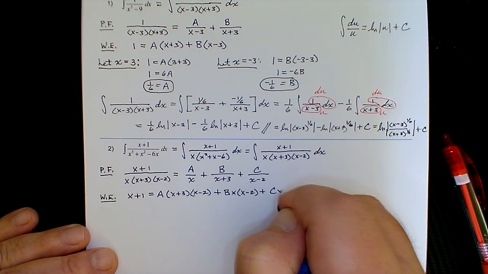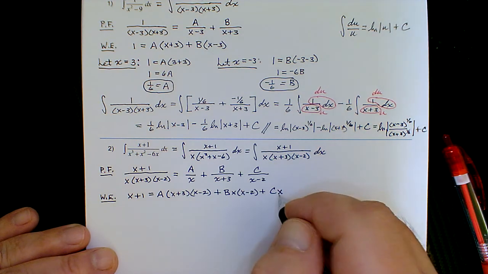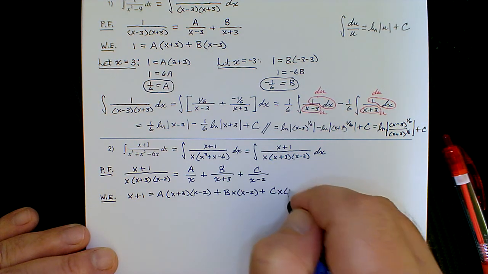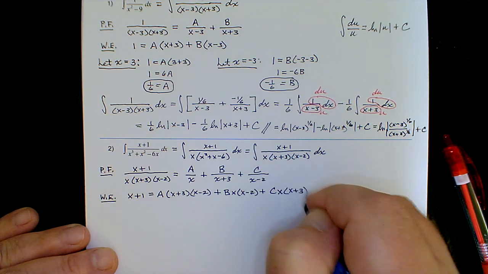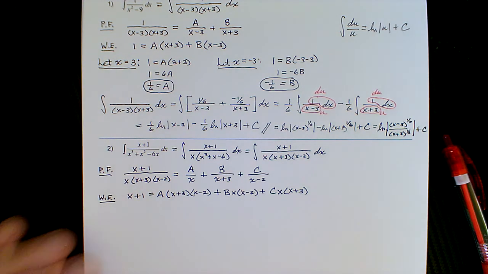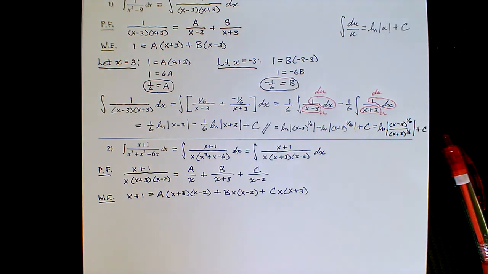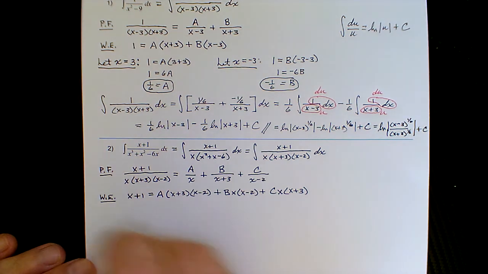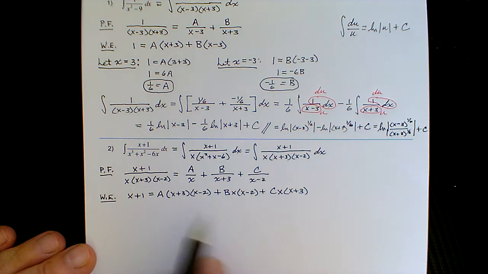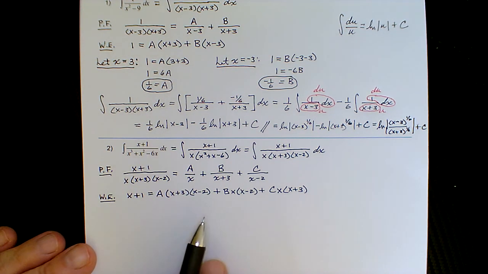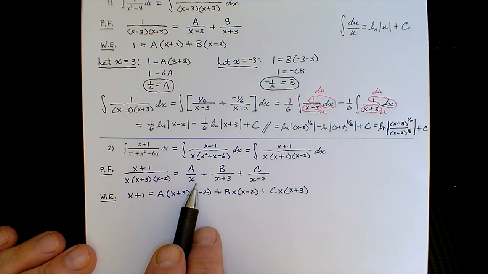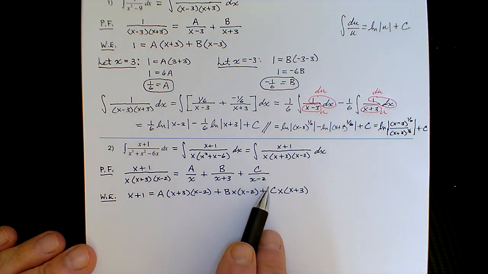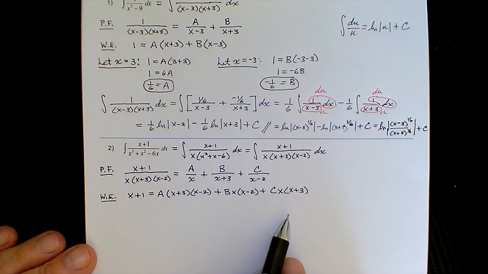And then we have plus c times, what's left there would be an x and an x plus 3. Okay, so you have to make sure that you copy down the... Okay, so now we need to solve for the constants. And as we saw last time, and this is guaranteed, if the denominators are linear factors, you can use the elimination method and it will always work.